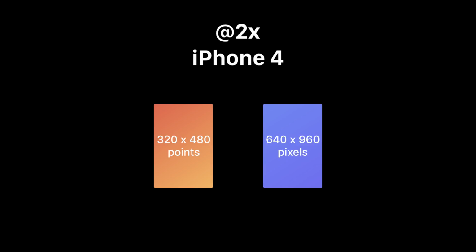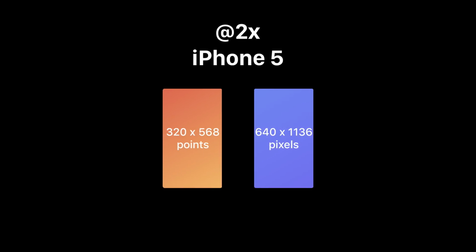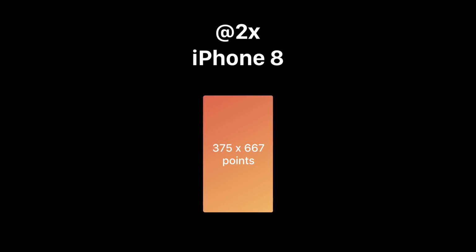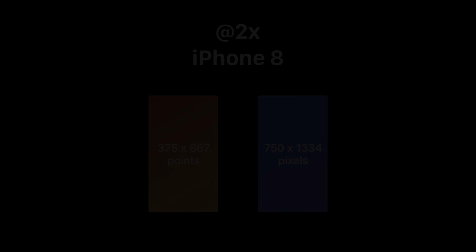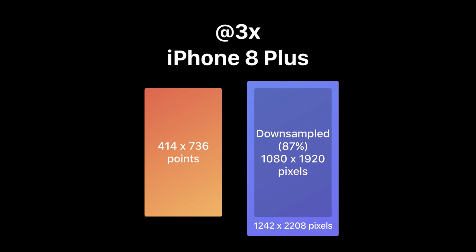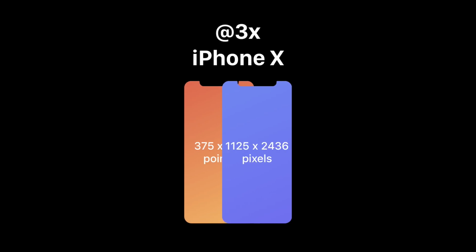So think of points as the values in the original iPhone, and pixels as the real values depending on the pixel density. For example, from the iPhone 4 all the way up to the iPhone 8 would equal to add 2x. iPhone 8 Plus and iPhone 10 equals to add 3x.